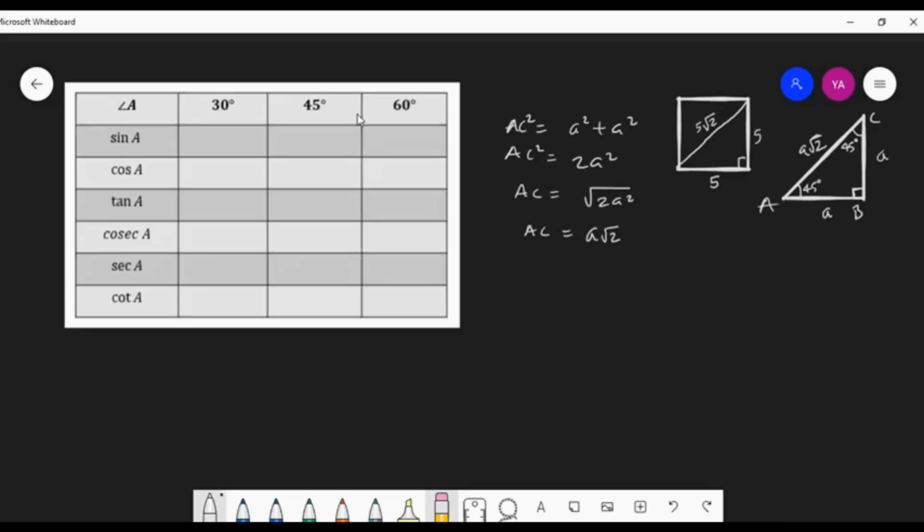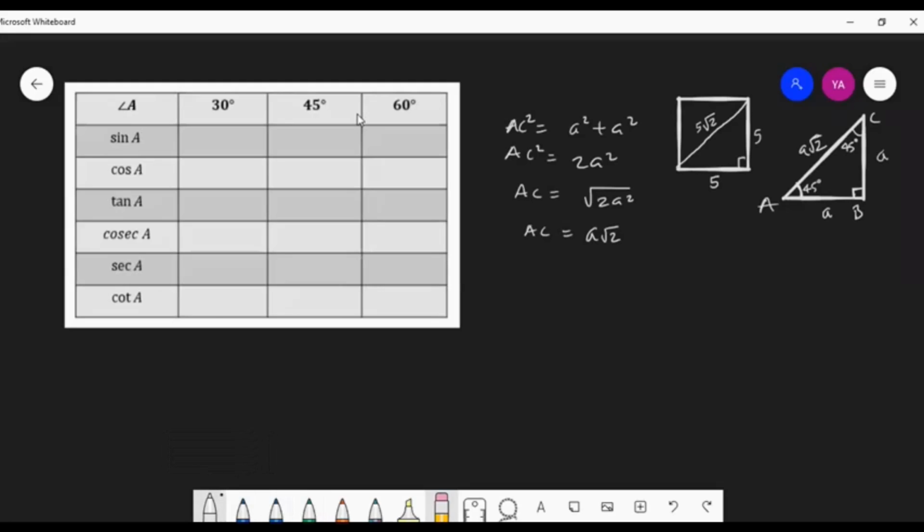Using these sides, we can complete this table. Suppose we take this angle A. Both angles are the same, no problem. If you take sine A or sine C, both will be the same. So sine 45, what will come? BC by AC.